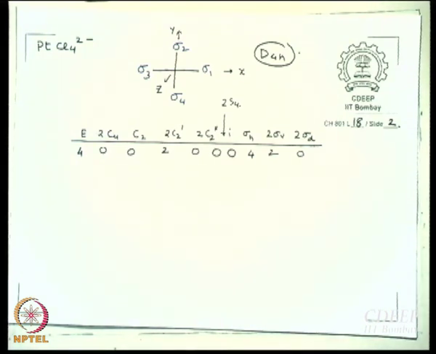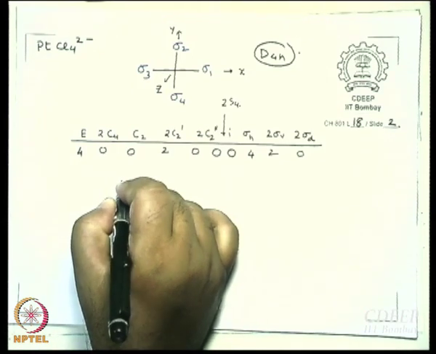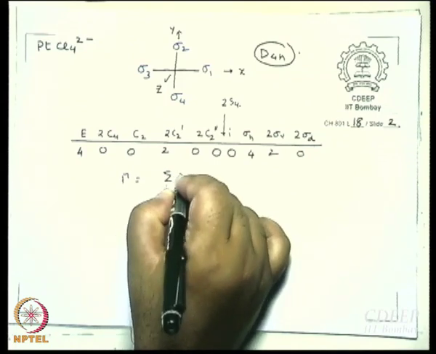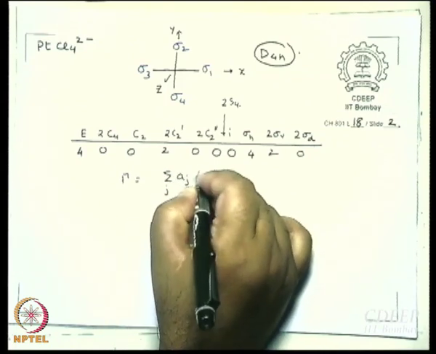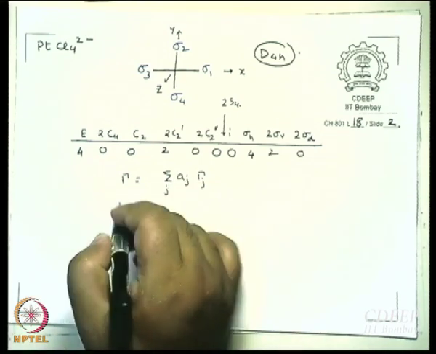Next step is to break this down into the constituent irreducible representations. What is the relationship we use? Gamma equals the sum over j of Aj gamma j, and every time I forget whether I wrote i or j the previous day, does not matter, right? And what is Aj?